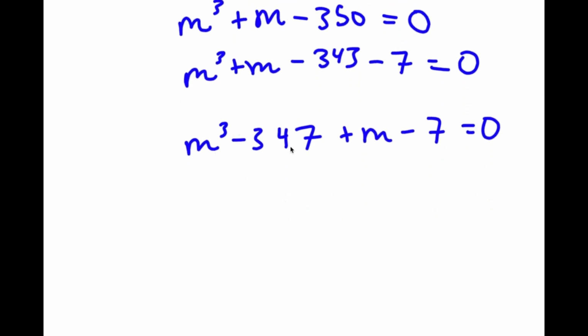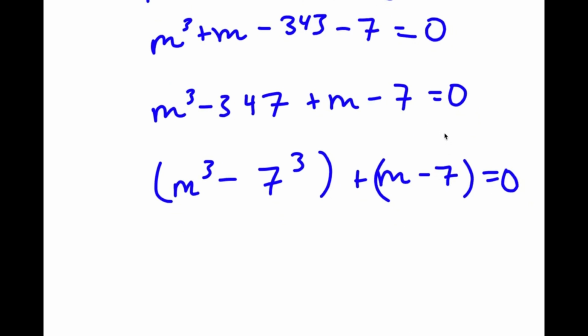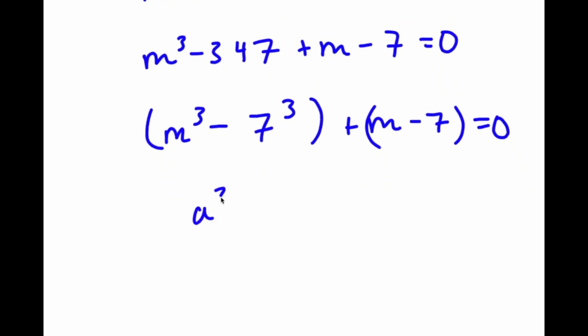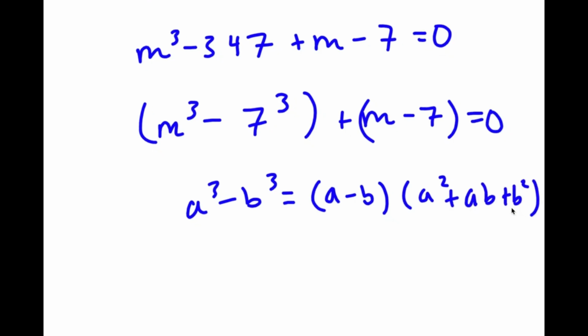Well, m to the power of 3 minus 343, this is the same thing as m to the power of 3 minus 7 to the power of 3. And I have this plus m minus 7. Now, if I have something in the form a to the power of 3 minus b to the power of 3, this is the same thing as a minus b times a squared plus ab plus b squared.